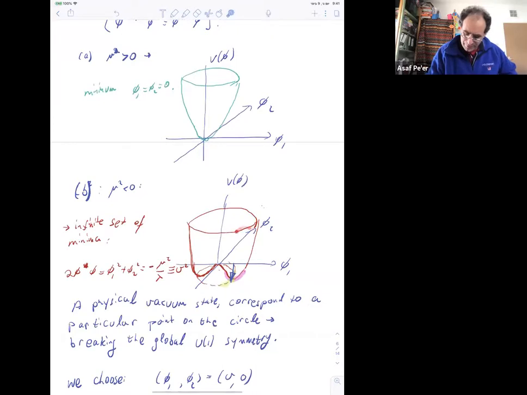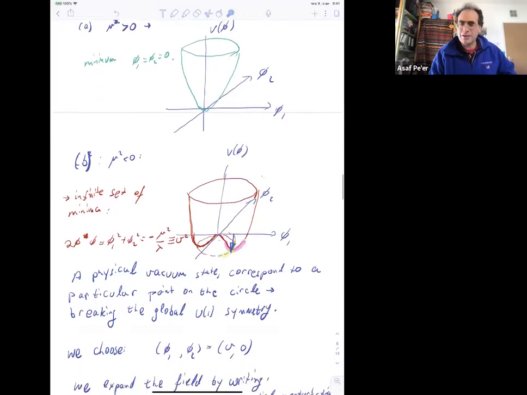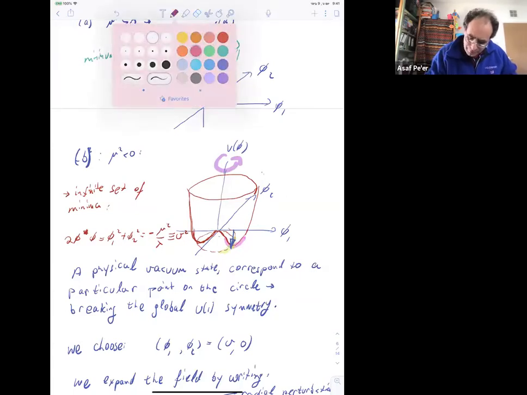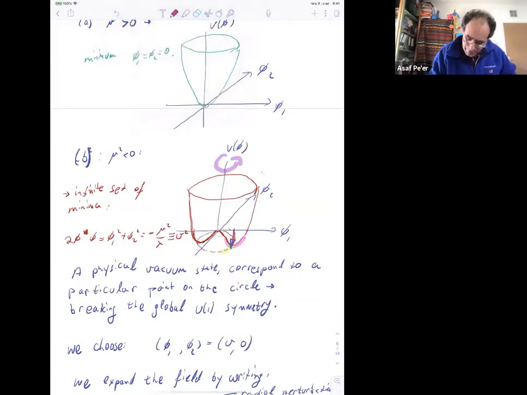It's symmetric along rotation. I mean, this U1 symmetry, what does it mean? Basically, if you take it and you rotate it, it's symmetric. It doesn't matter where you are. Now you break the symmetry, right? I break the symmetry by choosing that the real vacuum would be right here, and not here.